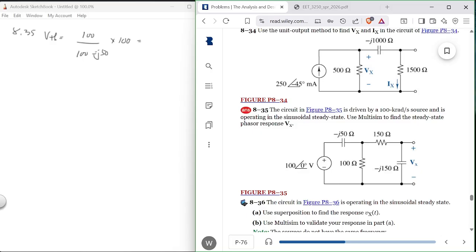So, 100 divided by parenthesis 100 minus 50i, parenthesis, but then I've got to multiply that by 100, so I should have said 100 times 100 divided by parenthesis 100 minus 50i.